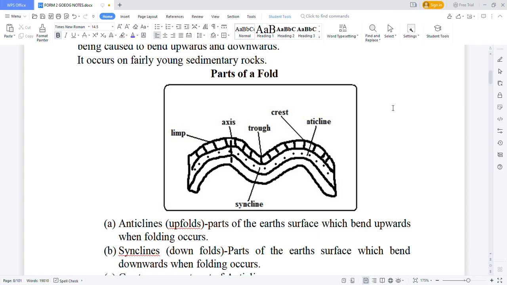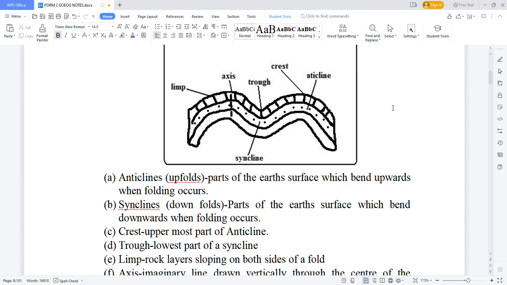It is very important. Anticlines. What are anticlines? Parts of the Earth's surface which bend upwards when folding occurs. Synclines. Parts of the Earth's surface which bend downwards when folding occurs. Crest.